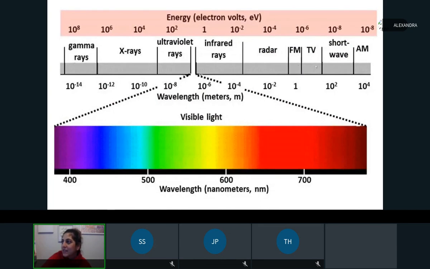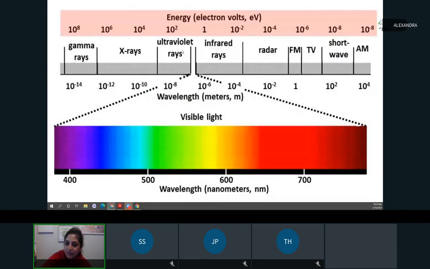FM radio waves, TV, shortwave, AM radio, infrared rays, like Julie was saying, ultraviolet rays, like what Julie was also saying, X-rays, gamma rays, and then right in this little section between ultraviolet rays and infrared rays is this little section called the visible light, and that's what we see.